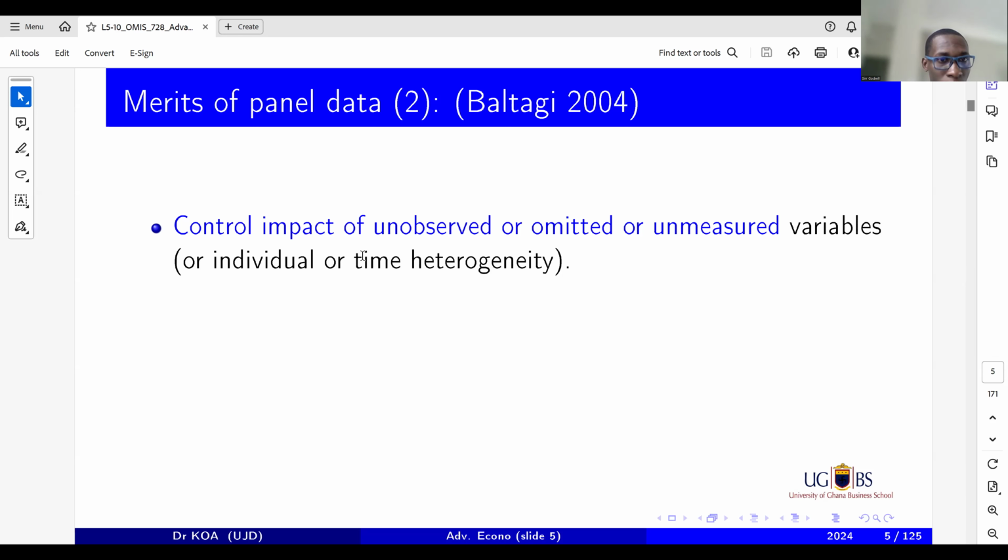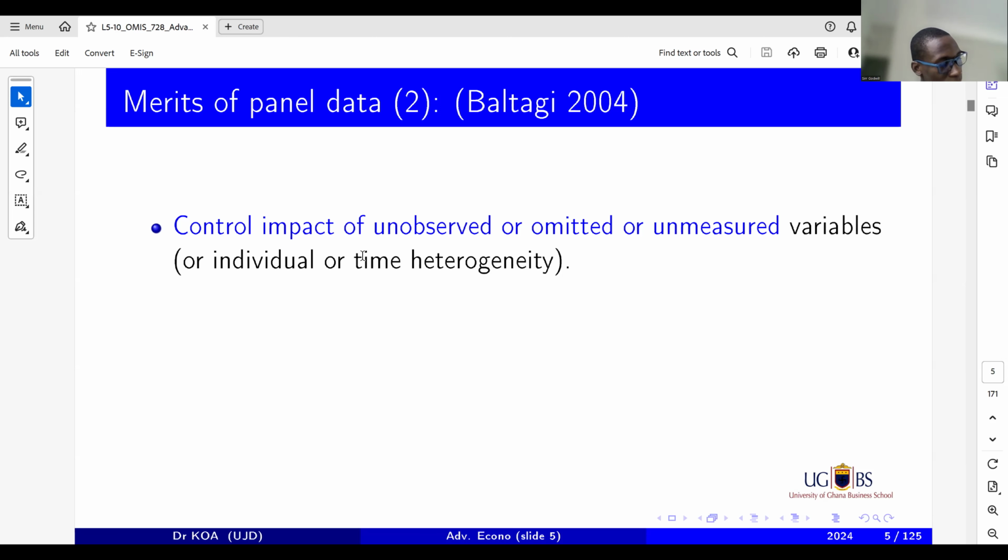I'll explain that. Let's assume that you have taken a sample and you want to look at the impact of the experience of a worker on the salary of the worker. Or you want to look at the impact of the educational level of a worker on the salary.